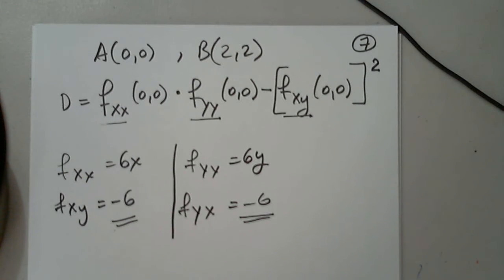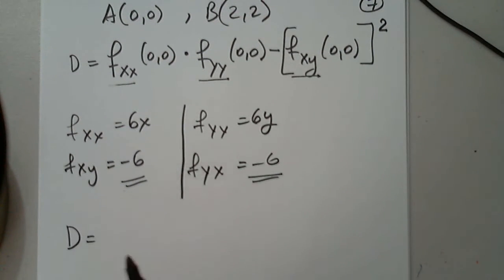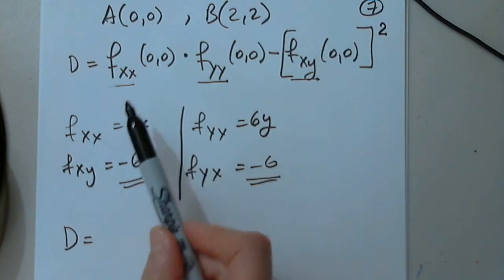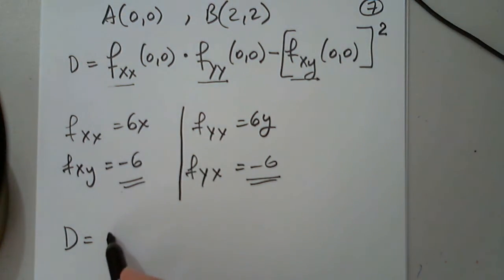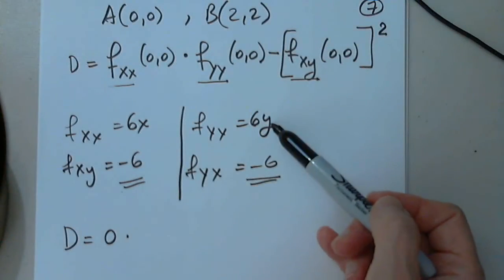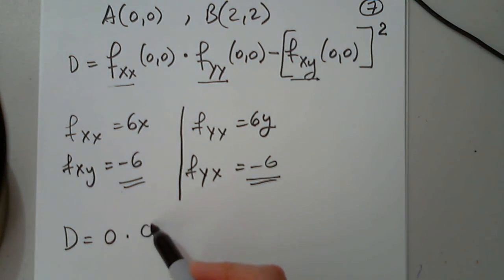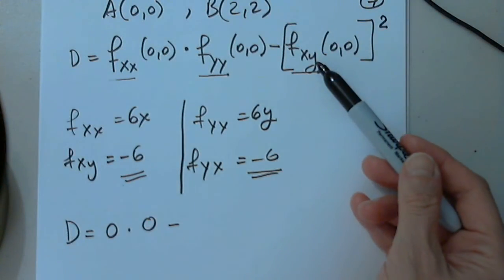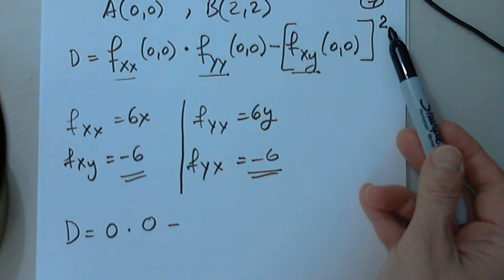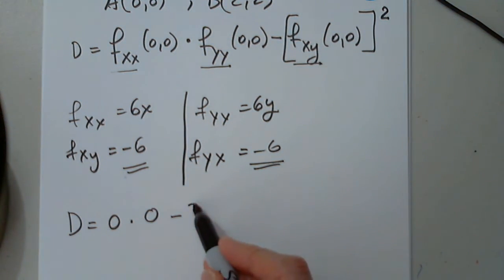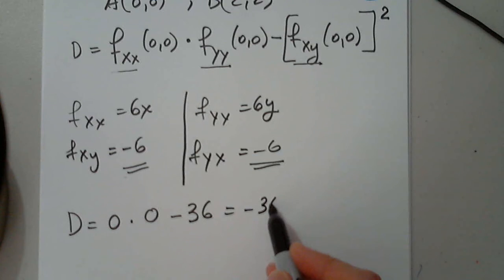Awesome. So then the D test: fxx at (0, 0) is 0. fyy at (0, 0) is 0. This is negative 6, but squared is 36 with minus in front will be negative 36. So I get D equals negative 36.